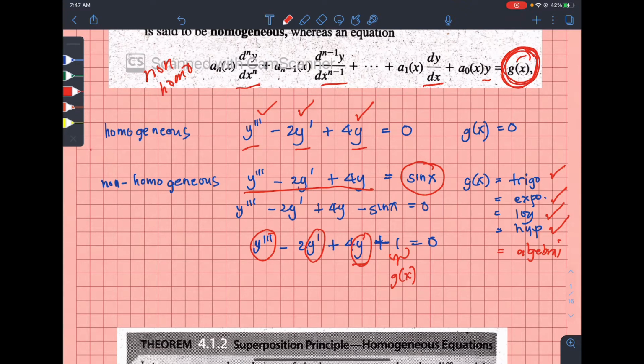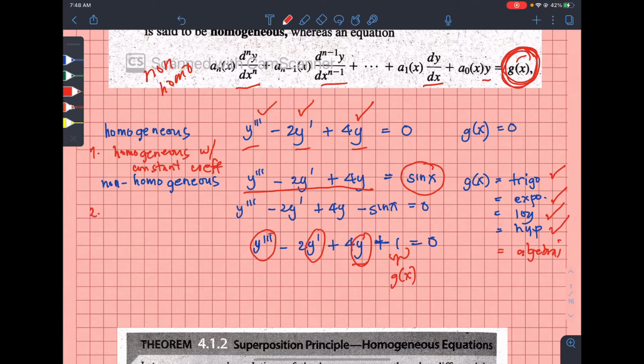When we say it's a homogeneous equation, the method that we will be using would be the method for homogeneous with constant coefficient. That's the first method that we will be talking about. This method is used for homogeneous equations.